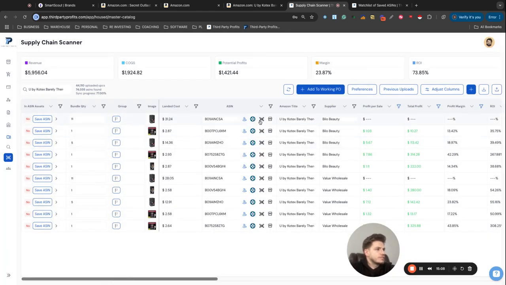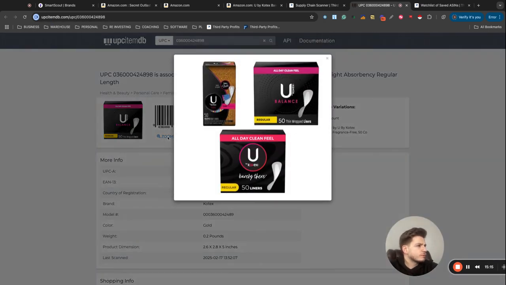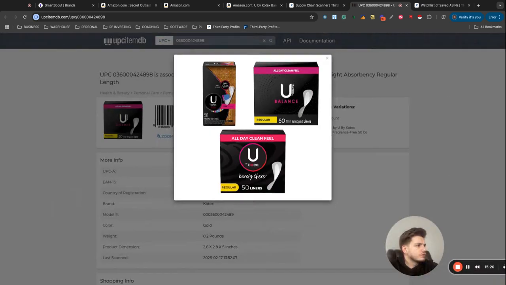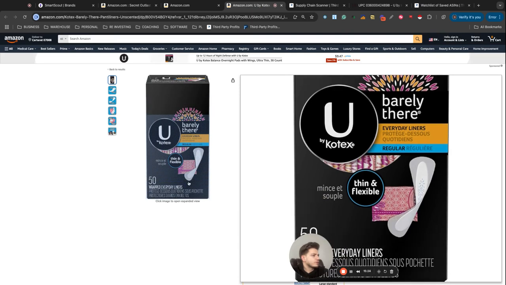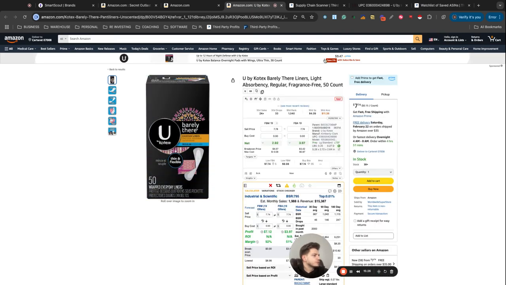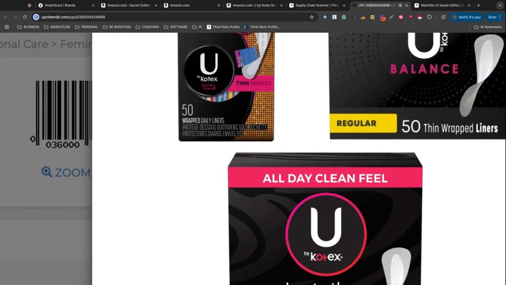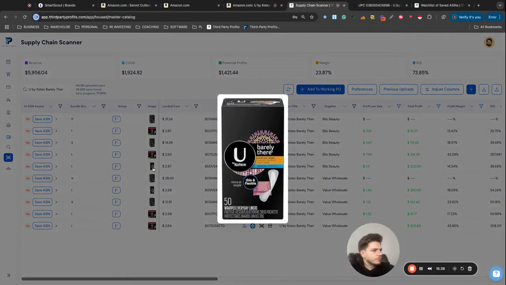All right, let's open up UPC site MD. Regular, thin, all day clean, barely there. U by Kotex, thin and flexible. I don't know if that's the same item or not. That doesn't look like the same product. Oh, that's the item. There we go.